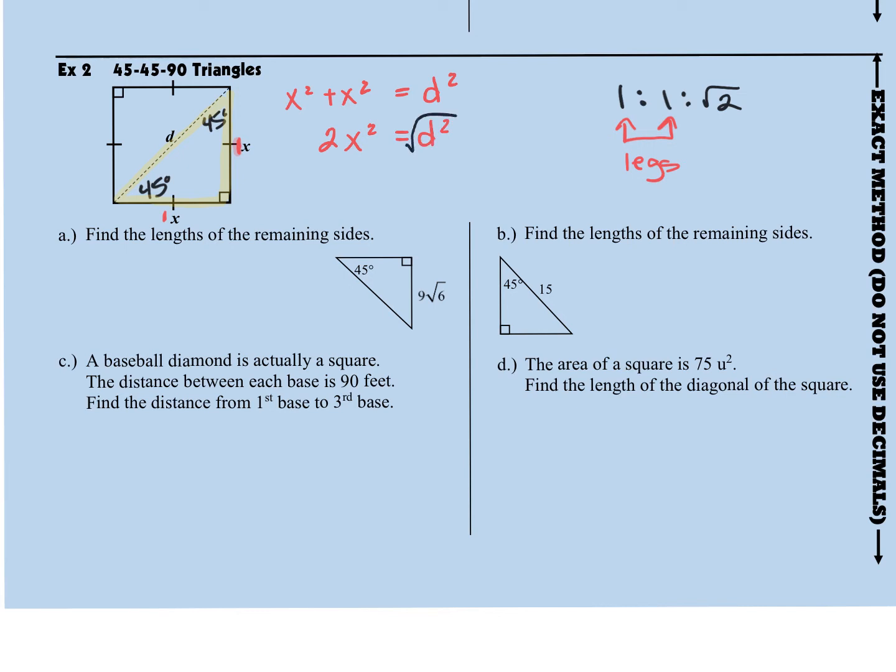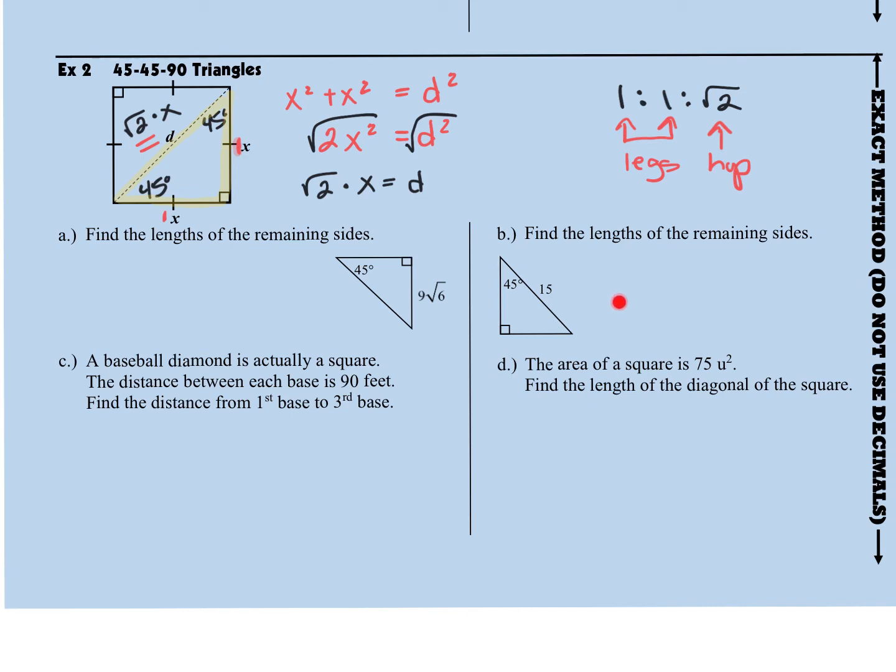Taking the square root of each side, that's going to get us to our square root of 2 times our x is our d. So we can replace that in our picture, radical 2 times an x, and sure enough, there is the radical 2 that we were looking for. So this is going to represent the hypotenuse in a 45-45-90 triangle.